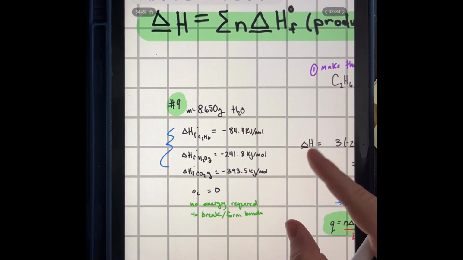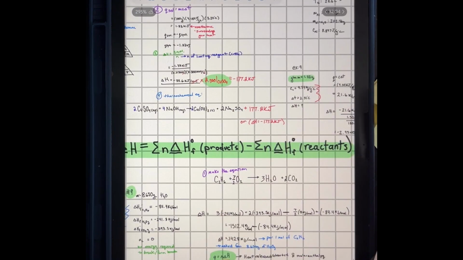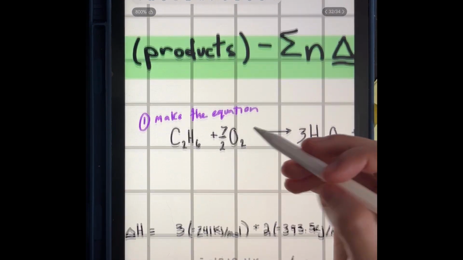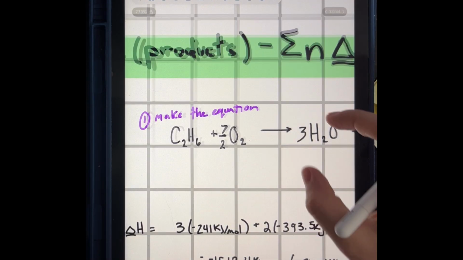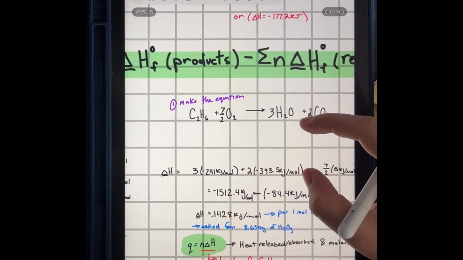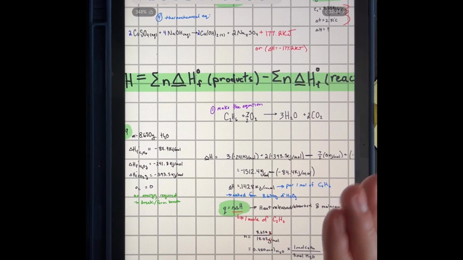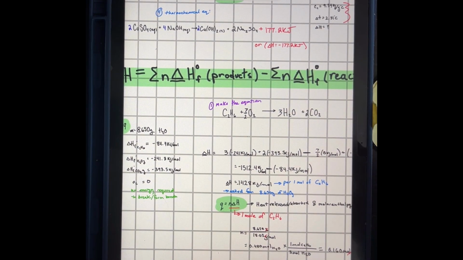One thing I will say is the enthalpy of formation for anything like O2, N2, any element on its own is 0. It's 0 because it requires no energy to form, because that's just its natural state, versus H2O, which is going to require some energy to form. That makes sense.